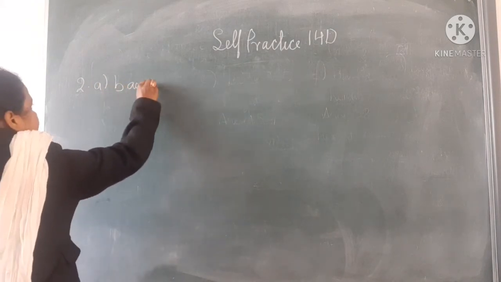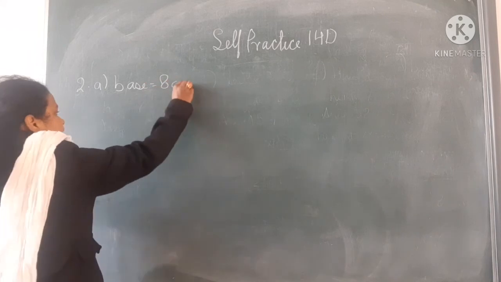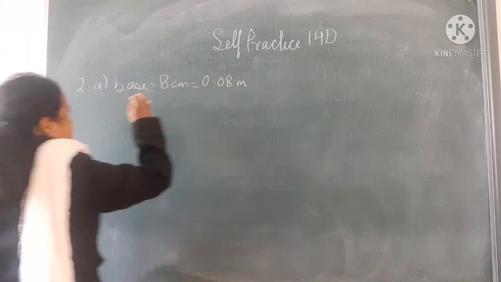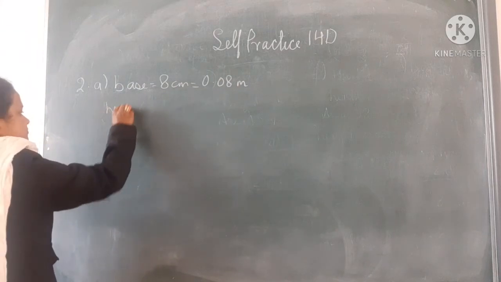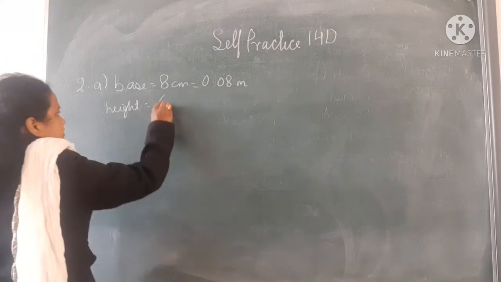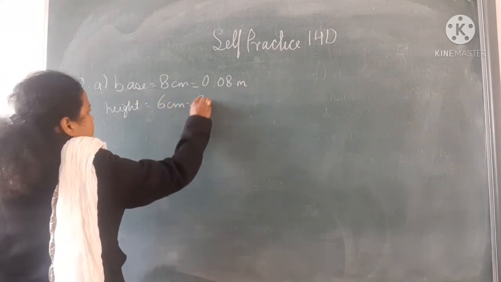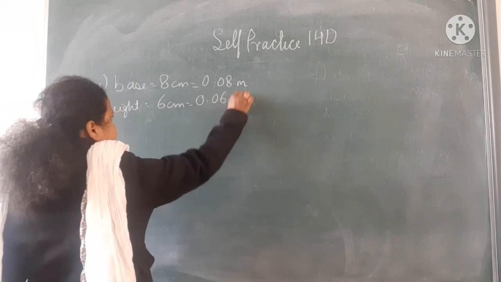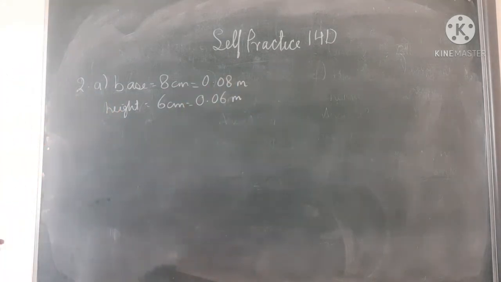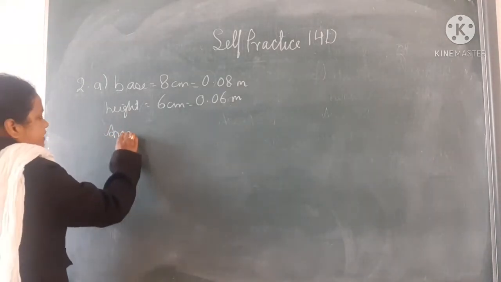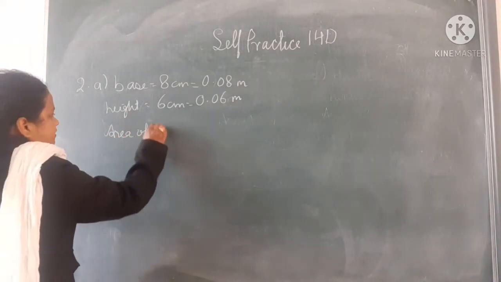Base is 8 centimeter, it means 0.08 meter. Height is how much? 6 centimeter, which will be equal to 0.06 meter. Now what you have to find? Area. What will be the area of triangle?